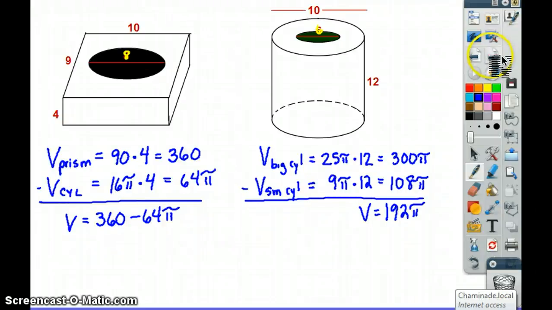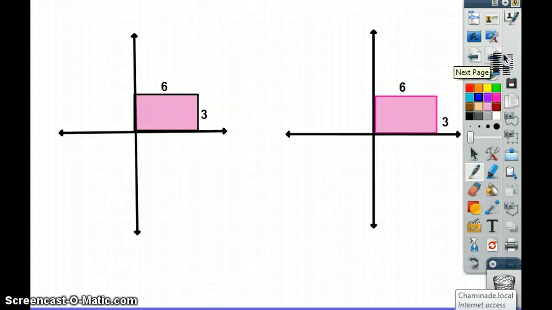Let's try one more type of problem. So I have a rectangle situated on an XY axis. And I'm going to take this and I'm going to spin this first around the x-axis.